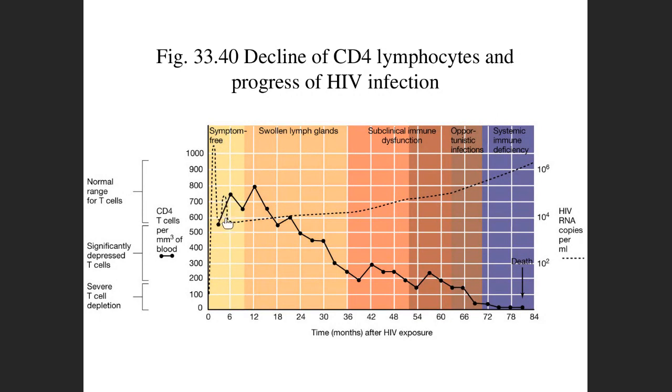But then the virus starts killing the CD4 cells, and you then start to produce more CD4, because the CD4 will try to control the virus. So then the viral particle level is maintained at the same level.